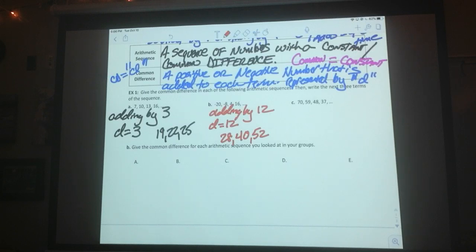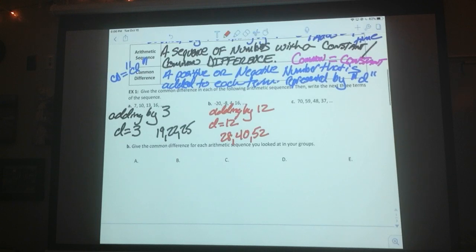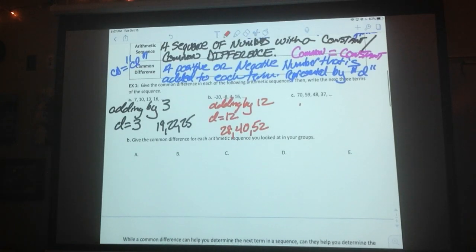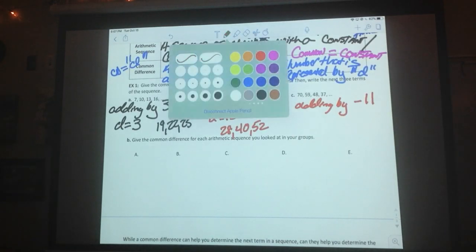Part C: 70, 59, 48, and 37 is my arithmetic sequence. What am I doing there? I'm getting smaller by 11, so I'm subtracting 11, but we want to use the word add. So I'm adding by a negative 11.